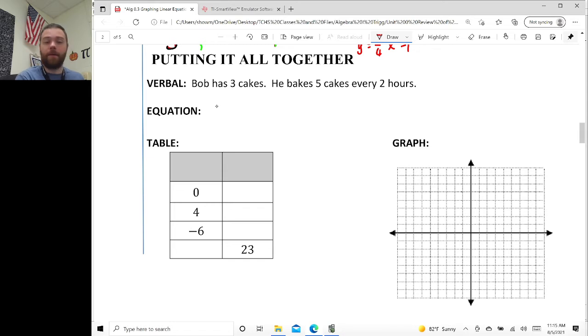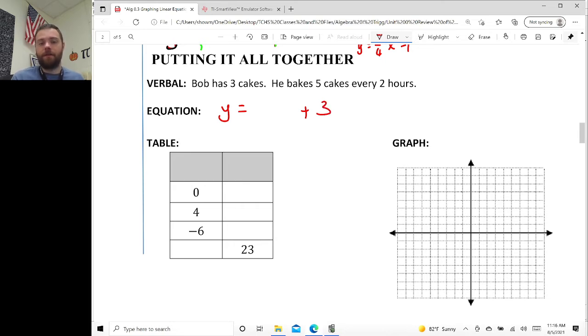So we want to know the amount of, right, cakes he bakes. So I'm going to let y be the total amount of cakes. We know he starts out with 3. So if he starts out with 3 initially, that means that's our y-intercept. Okay?